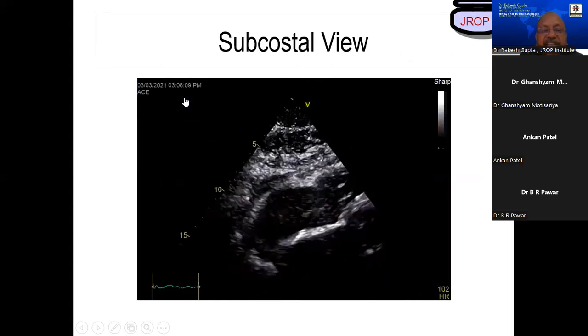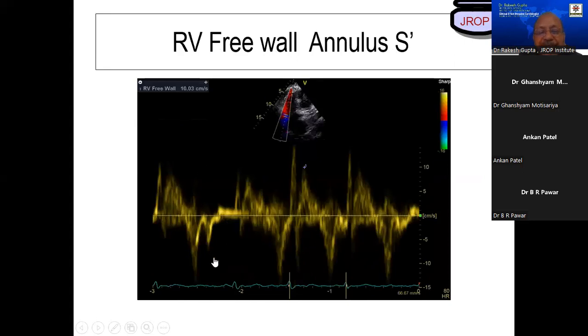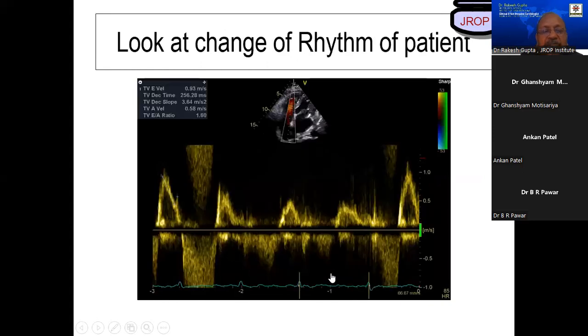If I divide this E wave by the RV free wall TDI E prime, so this is the RV free wall. I'm measuring the systolic wave; let me measure the diastolic wave. This is more than 10, almost 10 to 12. I'll say 12. So 93 divided by 12 would be more than 6, suggesting that RVEDP is on a higher side.